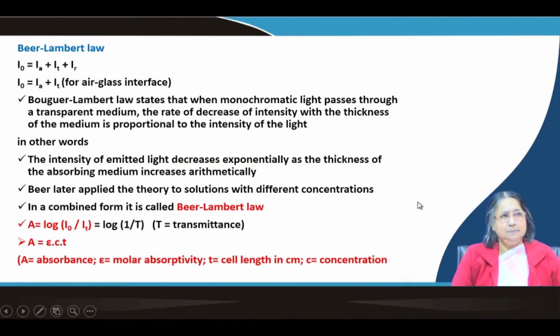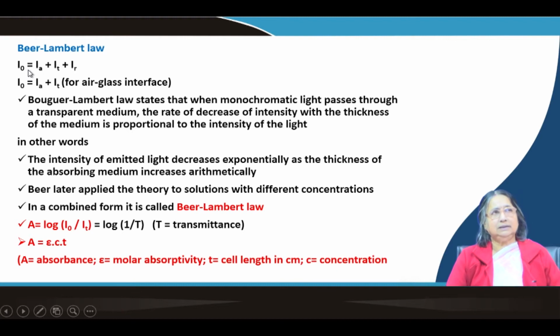Now, the principle of measurement in a spectrophotometer is governed by the Lambert-Beer law. This is a combination. When light passes through a medium, three things can happen. First, absorption can happen.